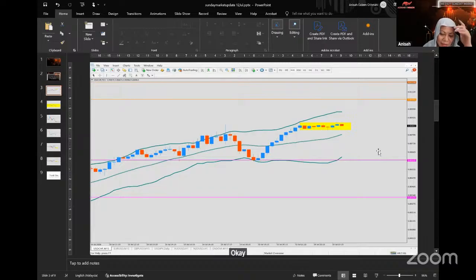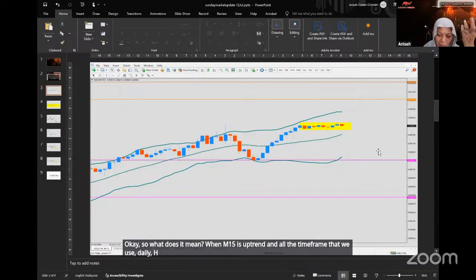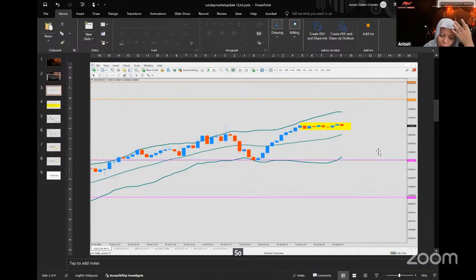So what does it mean? When M15 is uptrend, and all the time frames that we use, daily, H1 and M15, are uptrend, M15 shows the momentum is heavily dominated by buyers.